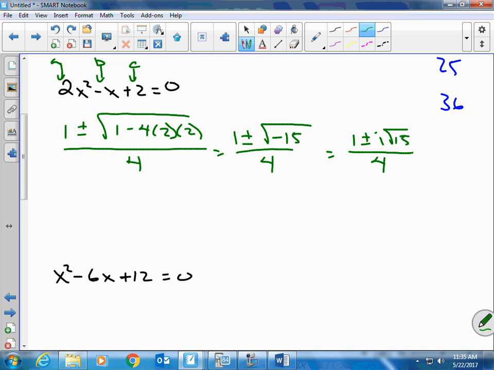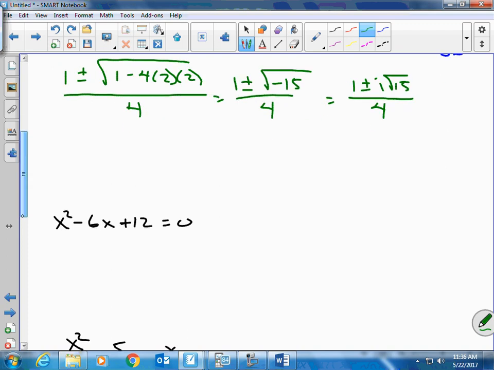What is really nice about the quadratic formula is that it will solve both for real and imaginary solutions. It'll find all complex solutions. That's pretty powerful. That's pretty nice. All right. That one's done.